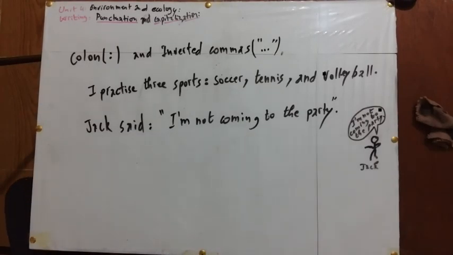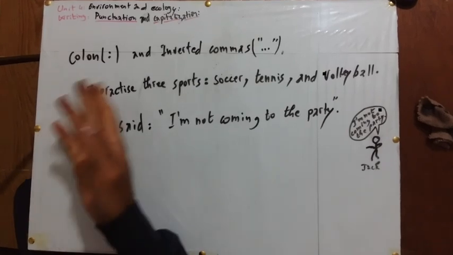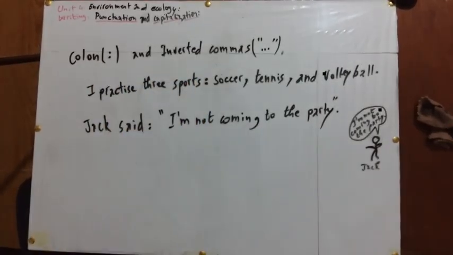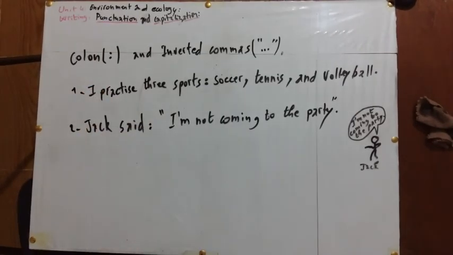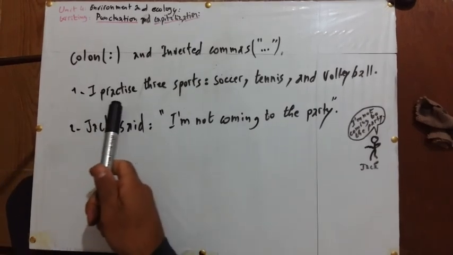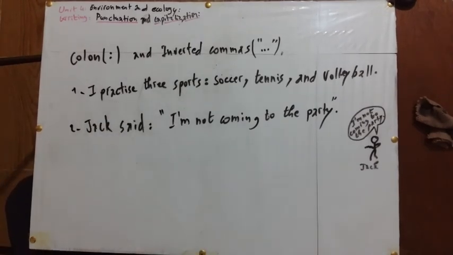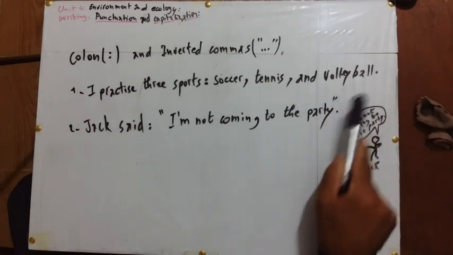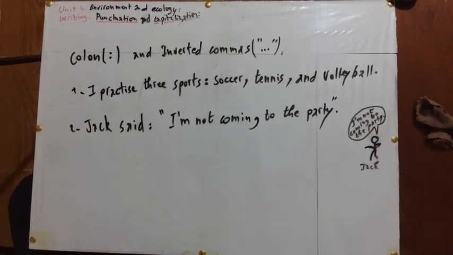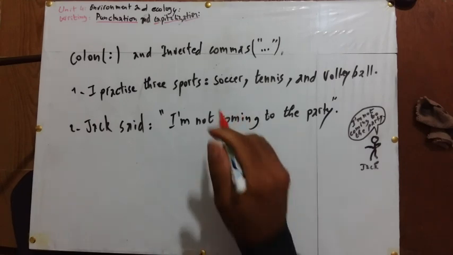Now let's talk about the colon, and also we're going to talk about inverted commas, okay? So let's look at example number one and number two. Example number one: I practice 3 sports: soccer, tennis, and volleyball. So remember from the colon section, what is this?